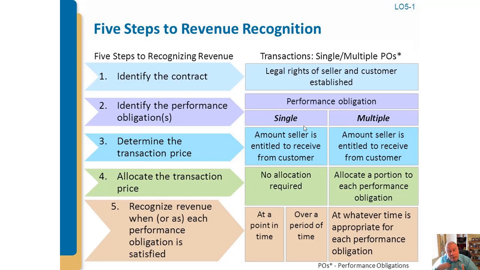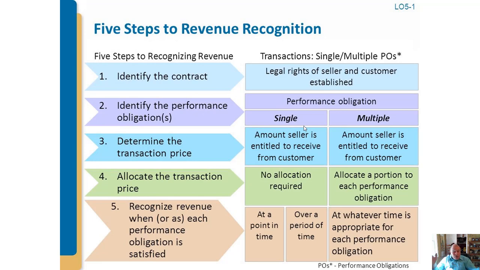So the third step, determine the transaction price, is going to depend on whether it's single or multiple. If it's single, it's the amount the seller is entitled to receive from the customer. Same thing on the multiple, but we start to break it down once we know the price. This is where it breaks into 2 different components. Allocate the transaction price.